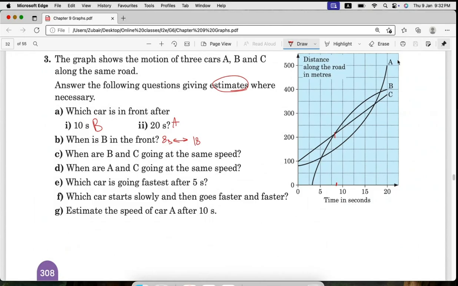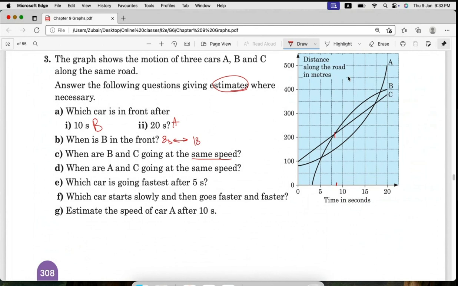When are B and C going at the same speed? B and C. This is critical. This is a distance-time graph. So look closely. When are B and C going at the same speed? C is the one which is actually a straight line, and B is the curve.